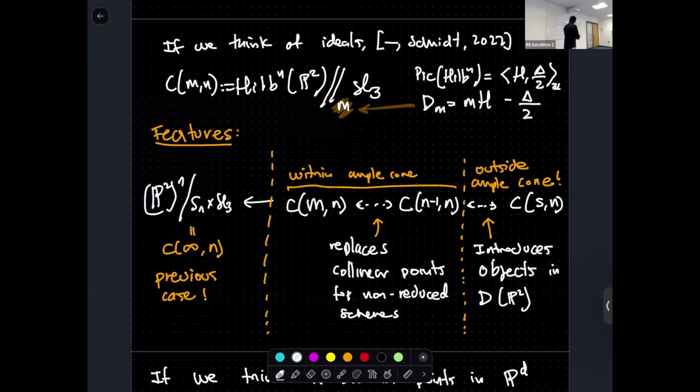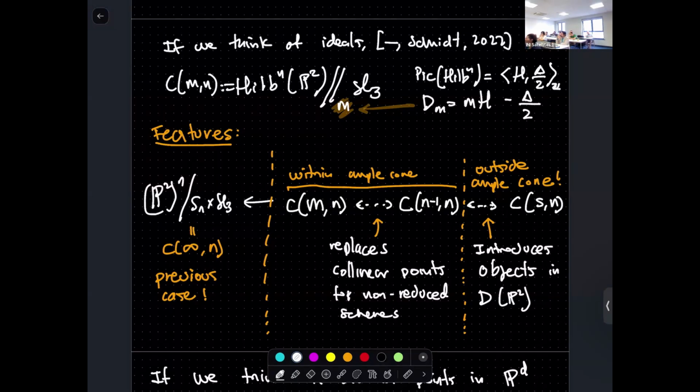But it happens that you can actually move beyond the ample cone. So a picture of this space is that an ideal really is an object in the derived category. And maybe the correct objects being parameterized are not ideals in P2, but some complexes in the derived category with the appropriate stability.